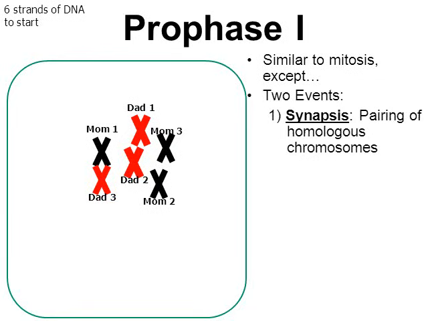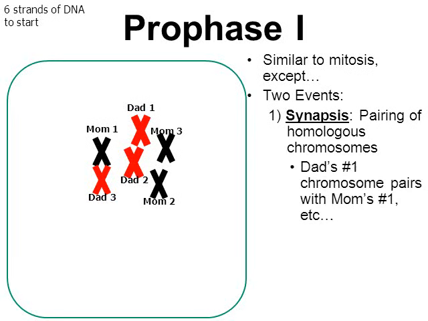The event that takes place during prophase number 1 of meiosis that is unique to meiosis is called synapsis, which is the pairing of homologous chromosomes. And this is why I labeled the chromosomes from mom or from dad. Dad's chromosome number 1 will pair with mom's chromosome number 1.